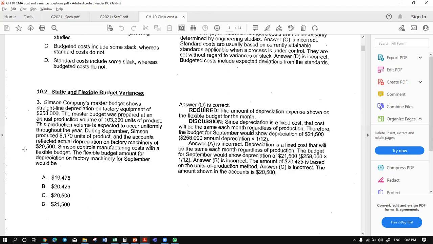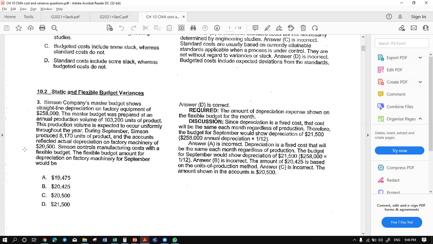Variable cost you will flex according to a per unit basis or per hour basis, whereas fixed cost you should allocate on a monthly basis. Especially here you have depreciation. They have already mentioned straight line depreciation on factory equipment of 258,000.